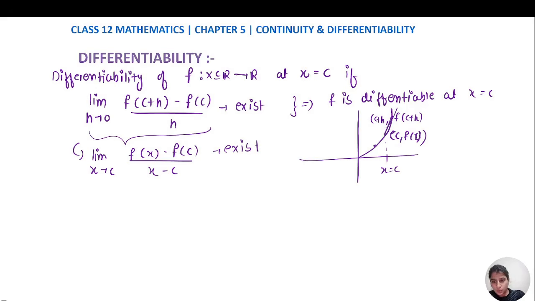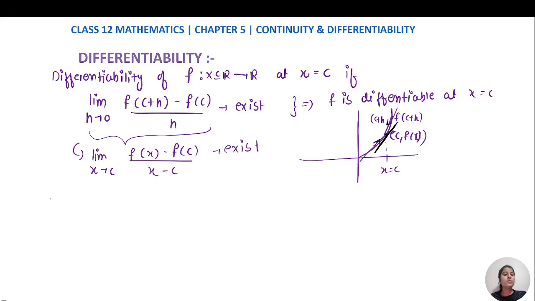As we come closer and closer, also taking the left hand limit from this point, this will become our tangent line. If we reduce the size of h, then we come to this point, and this line becomes the tangent. So the differentiability of a function at a point is nothing but the rate of change of that function at that particular point.